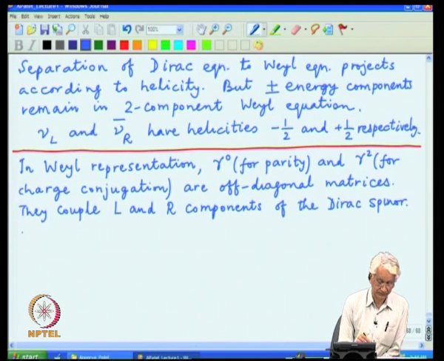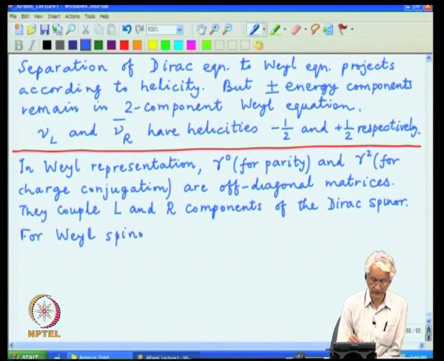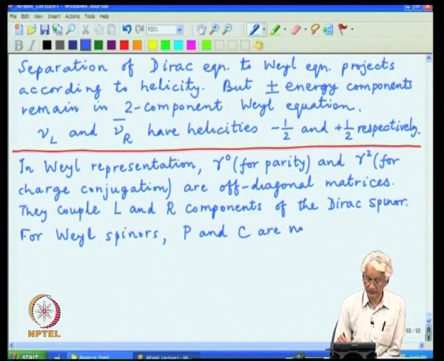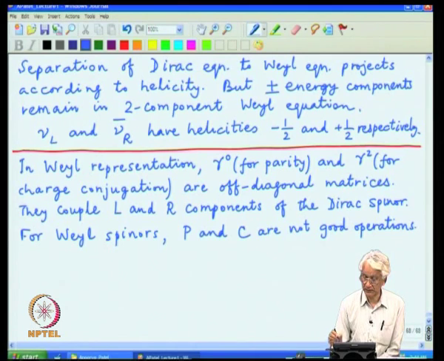So, for Weyl spinors, P and C are not good operations. In other words, you can't define it for objects of a single helicity.